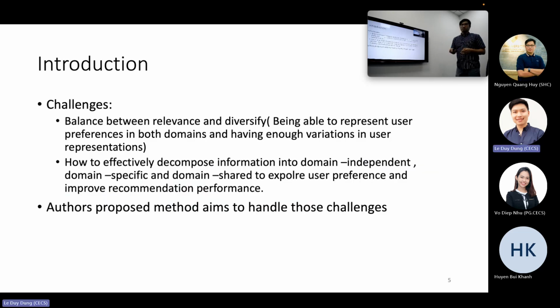The challenges they mention in this paper: the first is the balance between relevance and diversity. You have information in a broad domain, but it has to have enough variation to be represented.